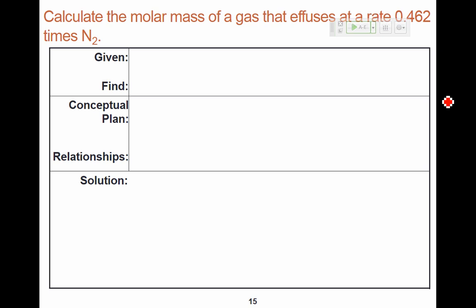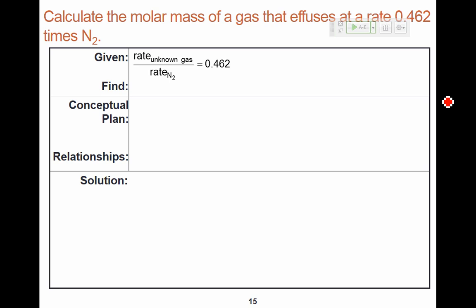So we can calculate this because we know the molar mass of N2, and we know our diffusion rate. So this number is the rate of our unknown gas divided by the rate of N2, which is equal to 0.462.